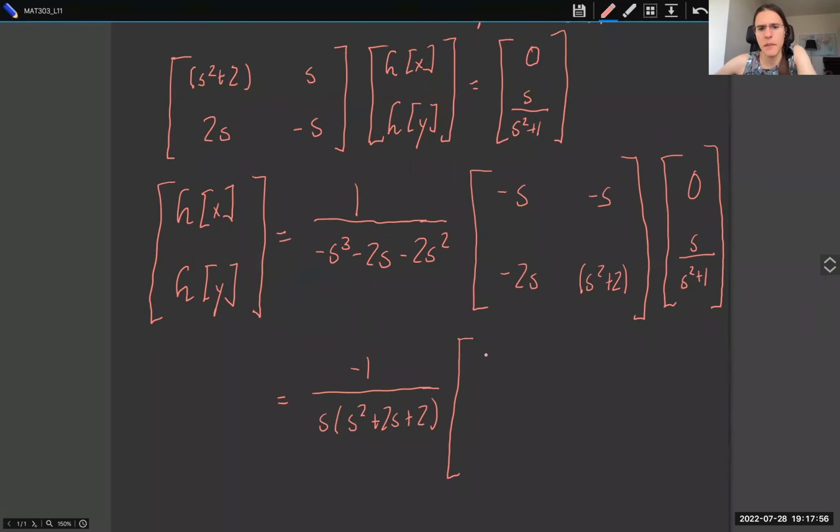So it's just going to be minus s squared over s squared plus 1. And then s times s squared plus 2 over s squared plus 1.